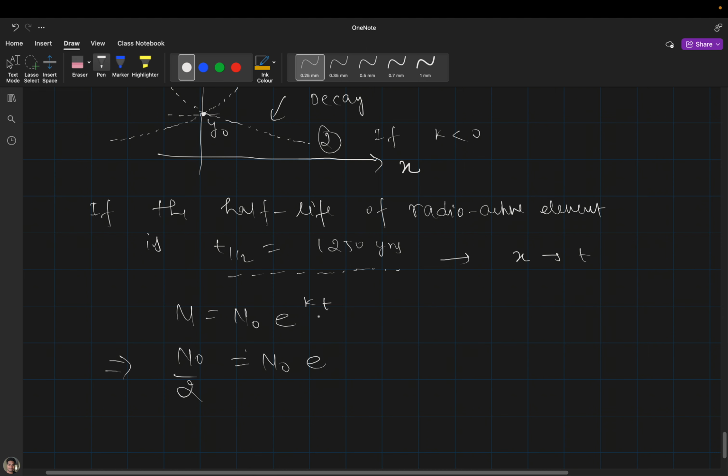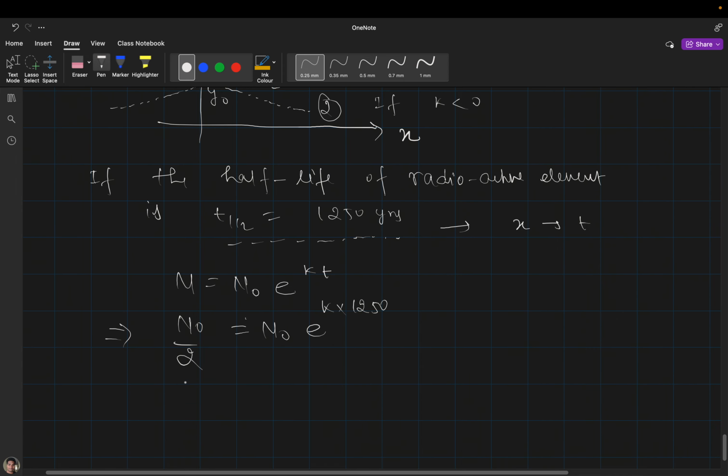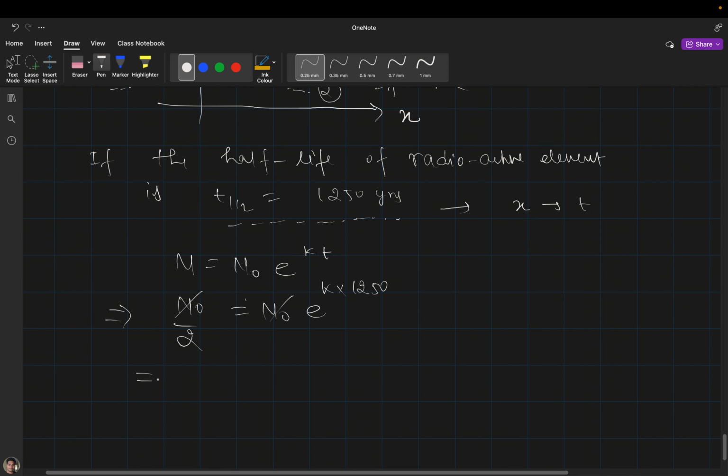Now I can write t equal to 1250 years. Now you can see this is nothing but minus ln 2 equal to k into 1250 ln e. Is it correct or not? Tell me.